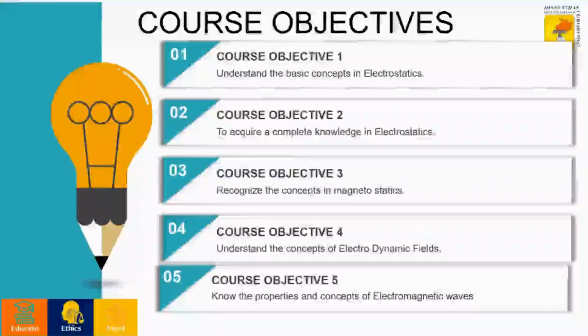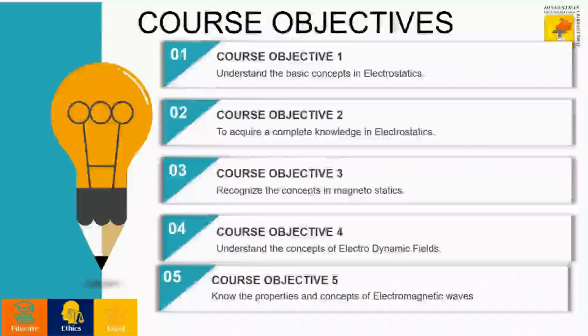The course objective. Our course is designed with 5 course objectives. The first one, understand the basic concepts in electrostatics. The second objective, gain complete knowledge of electric fields. And the third course objective, recognize the concepts and basics of magnetostatics.